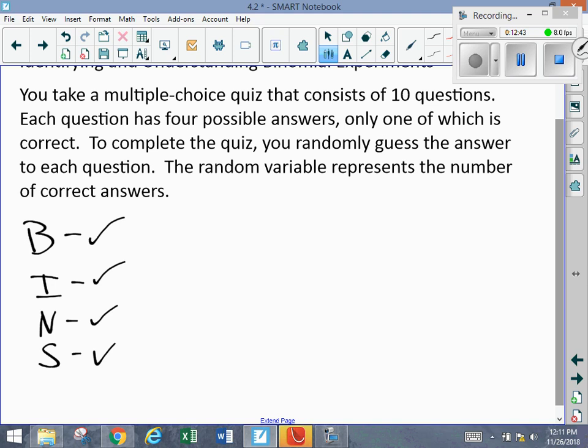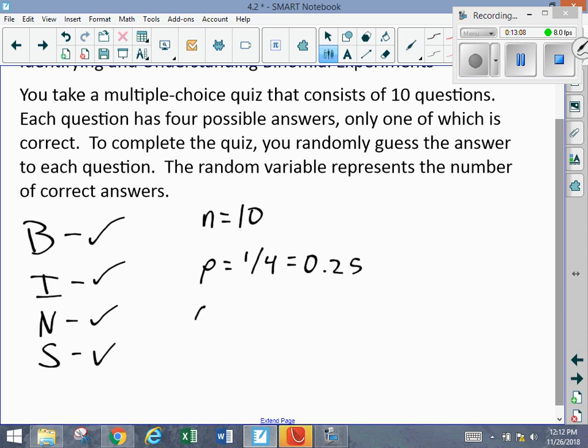So then, what is N? 10. That'll be 10 trials. What is P, the probability of success on 1 trial? 1 out of 4, which is the same thing as 0.25.